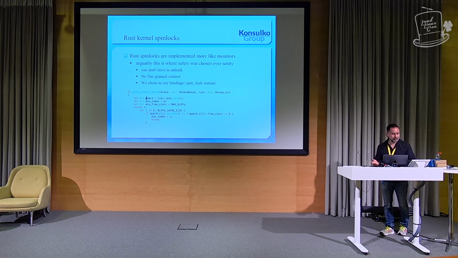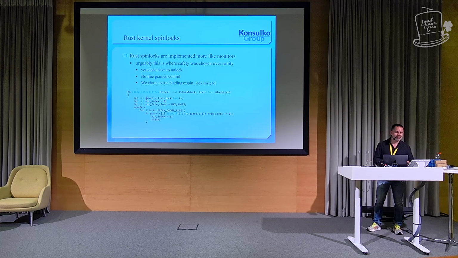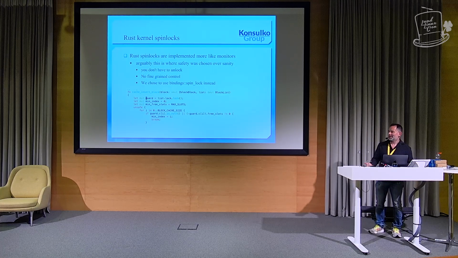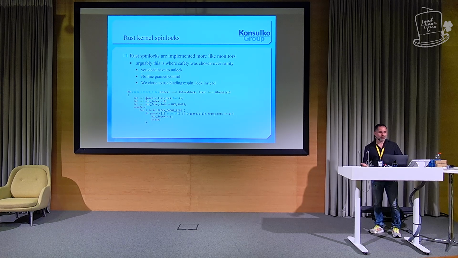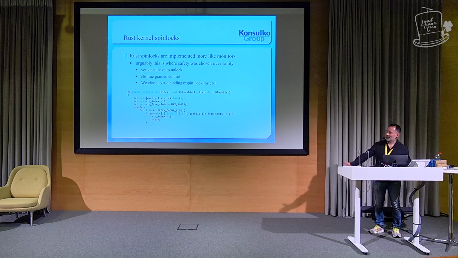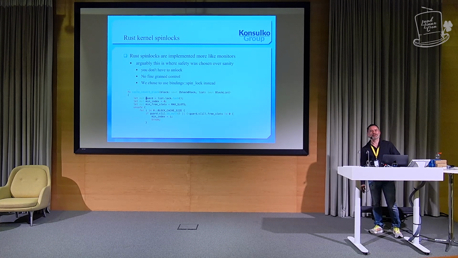But you know, this is kernel programming. So if you're a kernel developer, you probably should be able to call spin lock unlock, right? So this is an overkill. I understand where these guys were coming from, but this is an overkill.